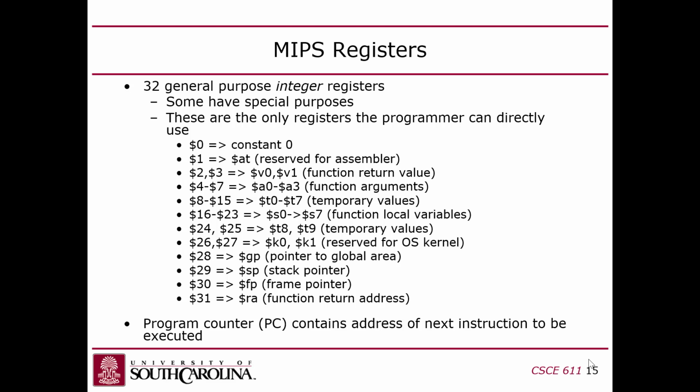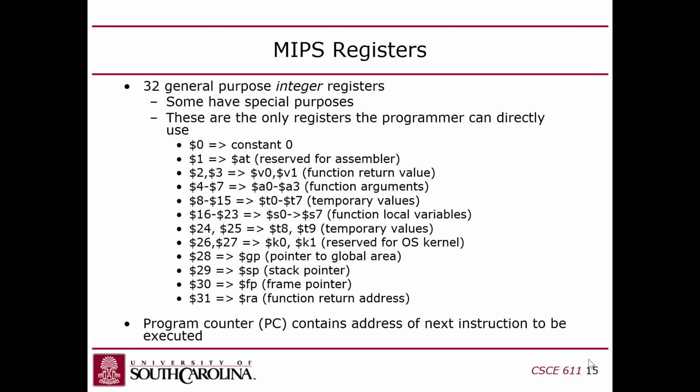Function arguments are by convention registers 4 to 7. Of course, you're limited to only 4 arguments there. Any more arguments are conveyed on the stack. Temporary values are T0 through T7. Why are they temporary? Because if you call a function, when that function returns, it may have destroyed T0 through T7, and functions don't have a responsibility for saving those on behalf of the caller.